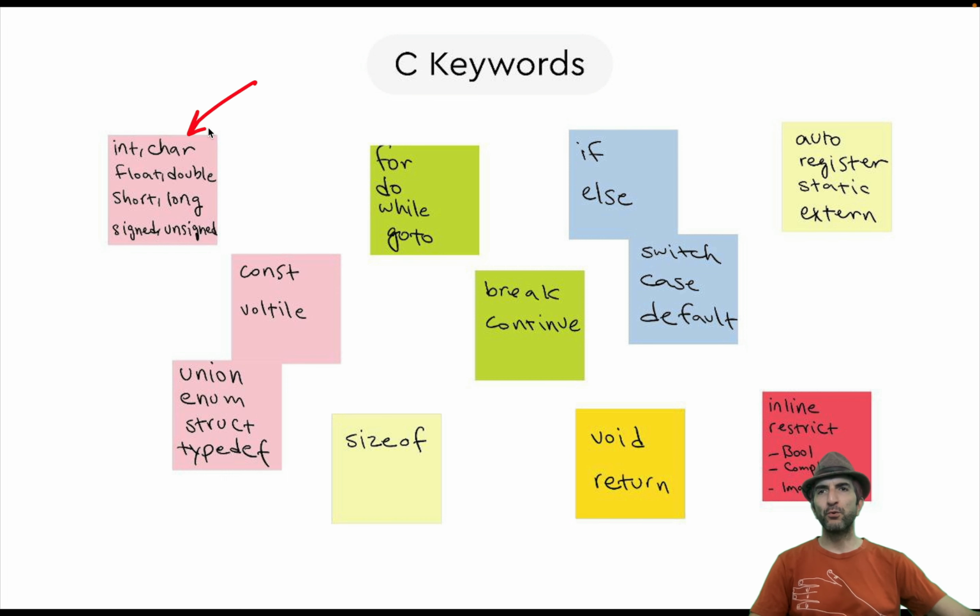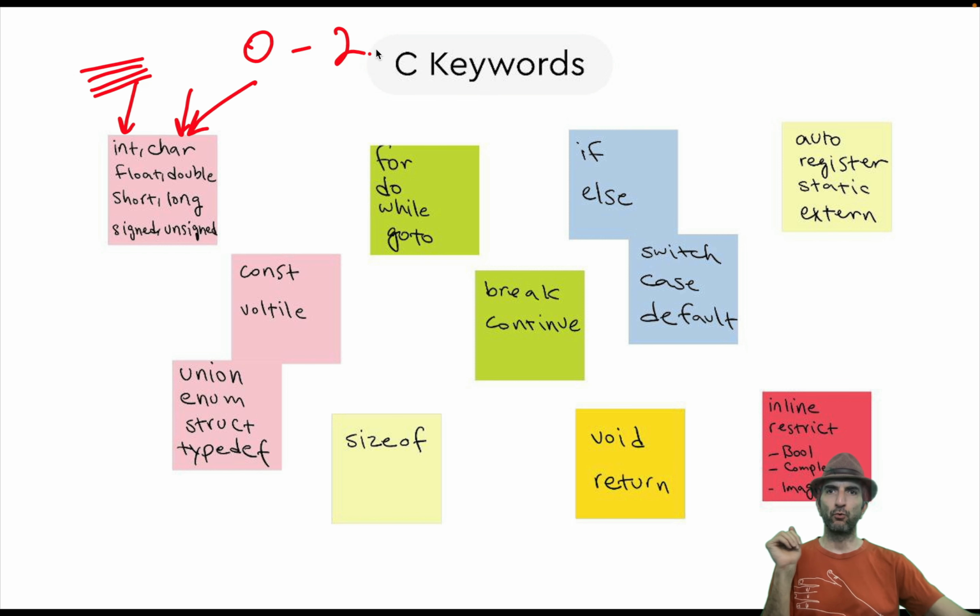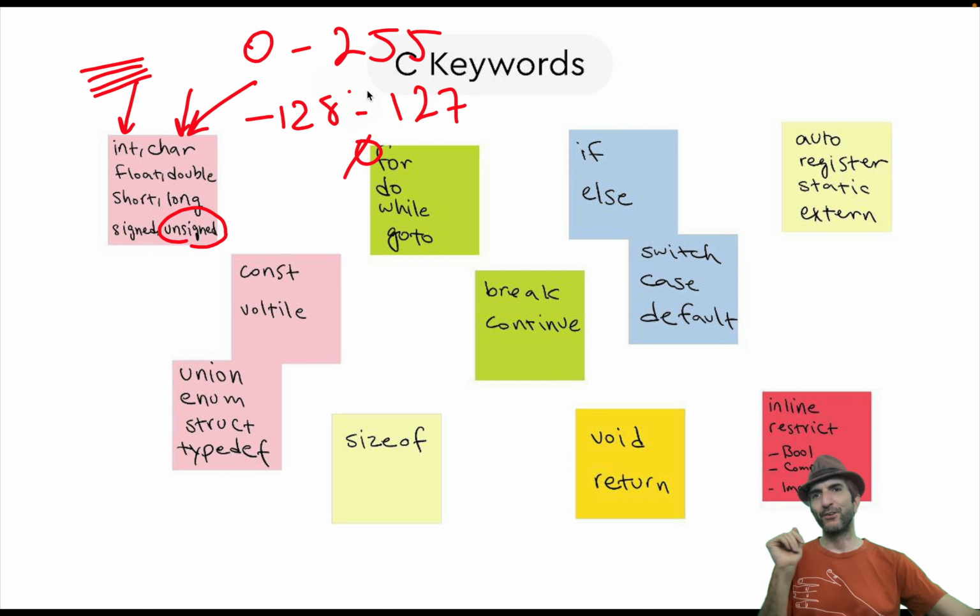The first group, which contains 8 of the 32 keywords, is the different variable types. Integers and characters. Integers can be longer numbers, characters are 0 to 255 if they are unsigned, so all are positive, or minus to plus if they are signed, because we have this 0 in the middle.